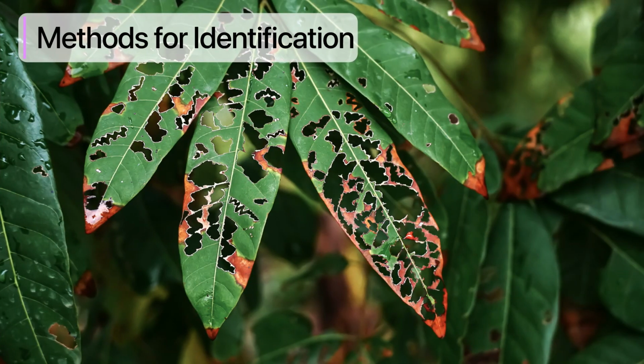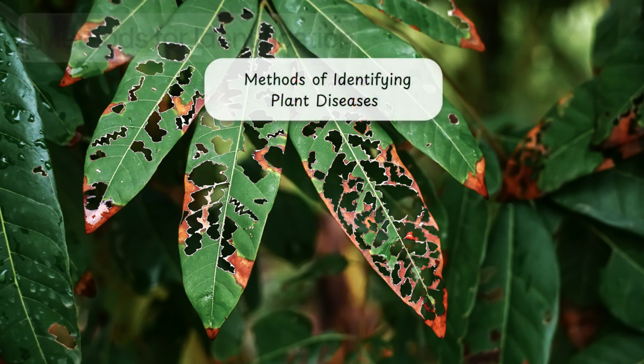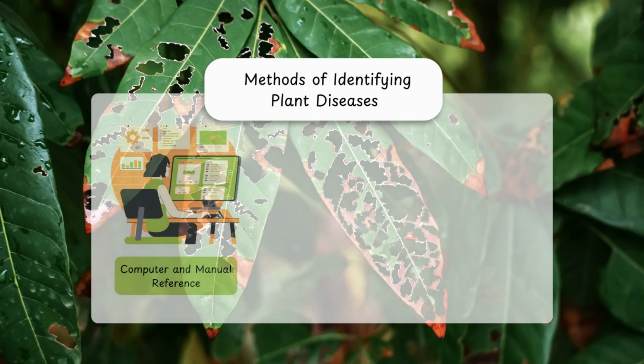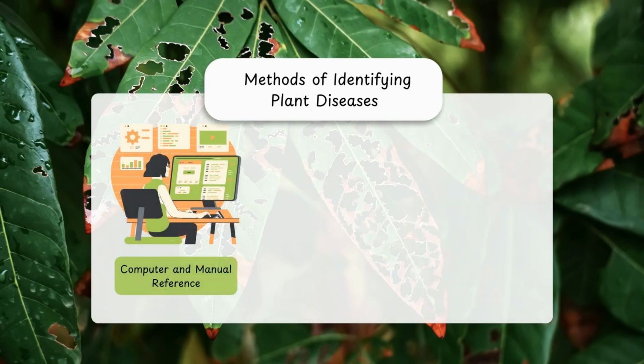Identifying a plant disease accurately is the first step towards treating it. There are several ways in which we can identify plant diseases. For example, it is possible to look up the symptoms in a gardening manual or on a credible gardening website. These resources often have pictures and detailed descriptions to help you to identify the disease.